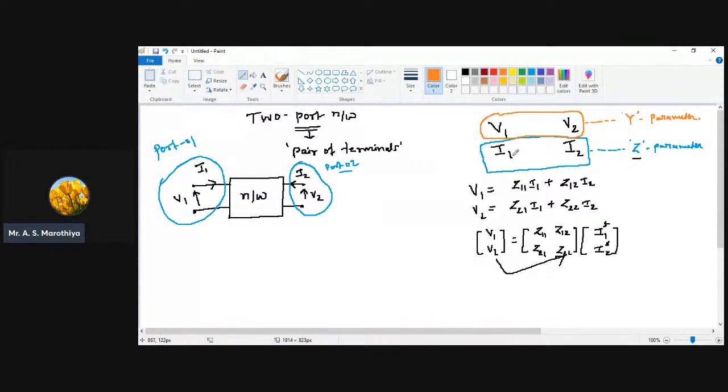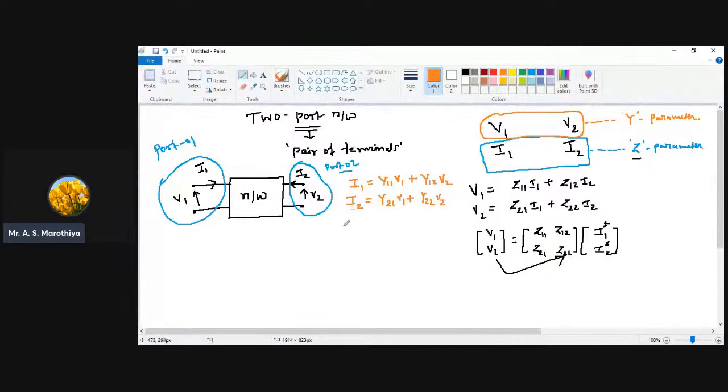and we are trying to find out the expression of I1, I2 in terms of V1, V2. So, I can write here I1 is going to be equal to y11 into v1 plus y12 into v2. In the same way, I2 is going to be equal to y21 into v1 plus y22 into v2.